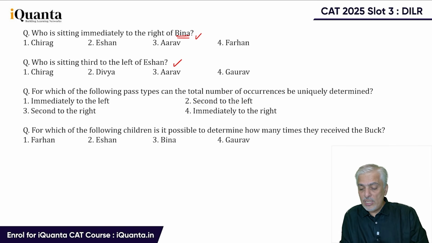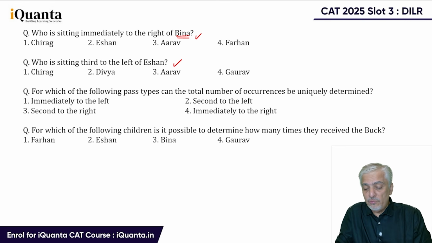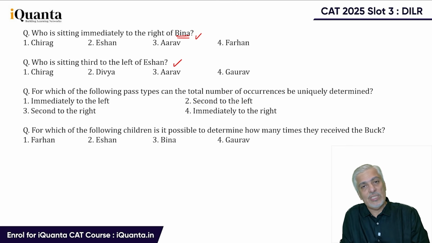For which of the following pass types can the total number of occurrences be uniquely determined? This is where I felt the question was slightly irritating or more difficult. All 4 pass types were given, and for which of them can I determine all the occurrences? So I thought this question was going to be more difficult compared to the first 2 questions.